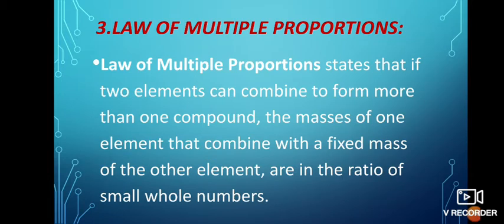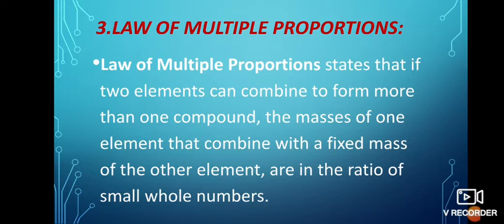Now our next law is law of multiple proportions. This law states that if two elements can combine to form more than one compound, the masses of one element that combine with a fixed mass of the other element are in the ratio of small whole numbers. For example, hydrogen combines with oxygen to form two compounds, water and hydrogen peroxide.